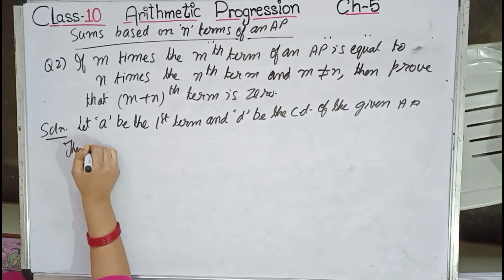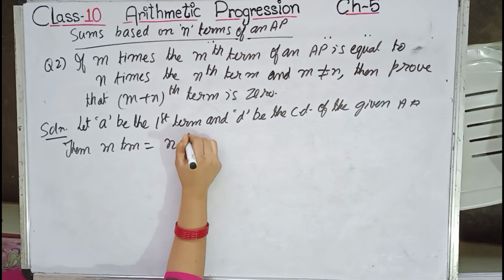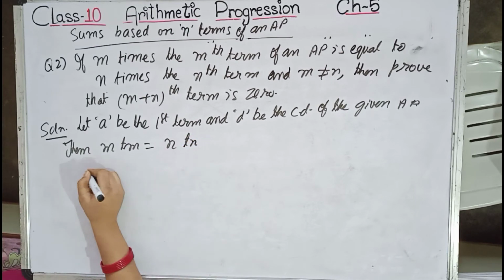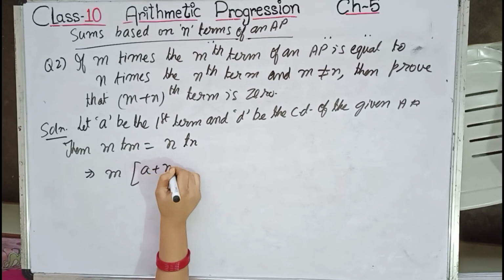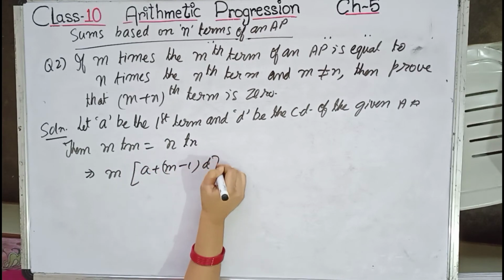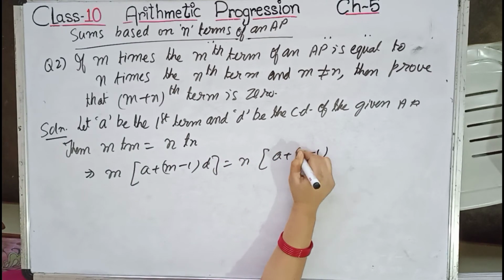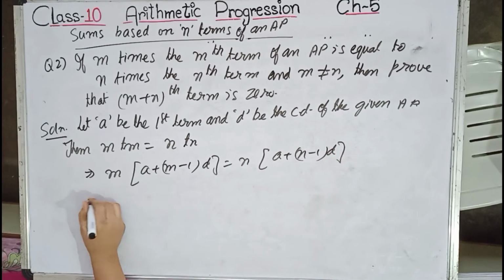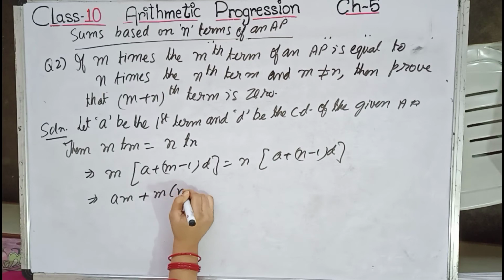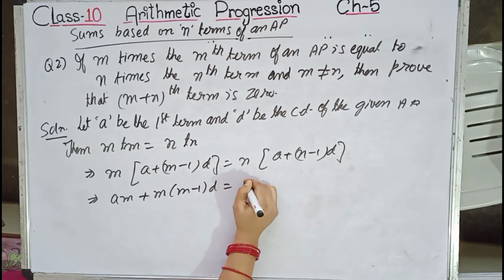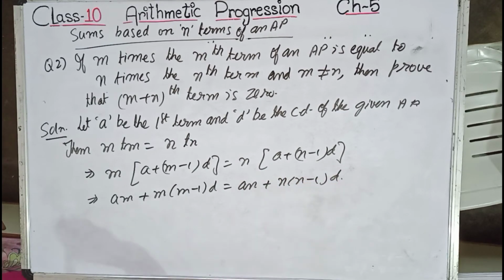Then m times mth term equals n times nth term implies m into a plus m minus 1 into d equals n into a plus n minus 1 into d. This implies am plus m into m minus 1 into d equals an plus n into n minus 1 into d.